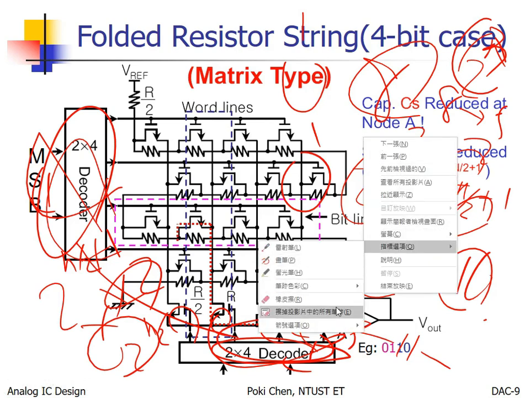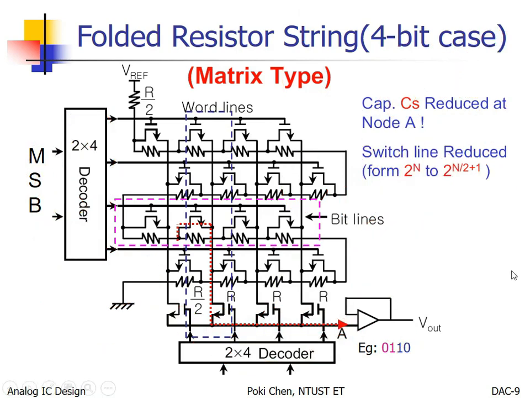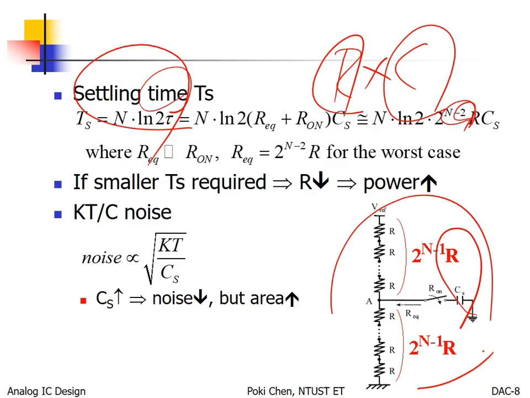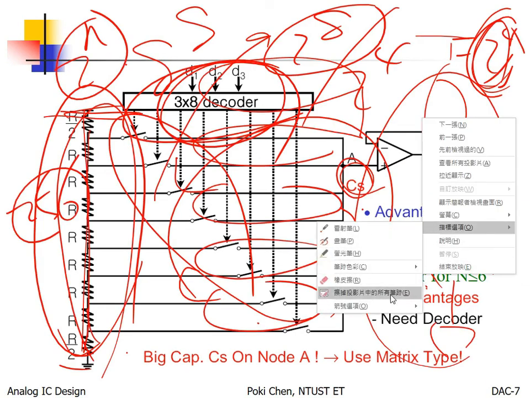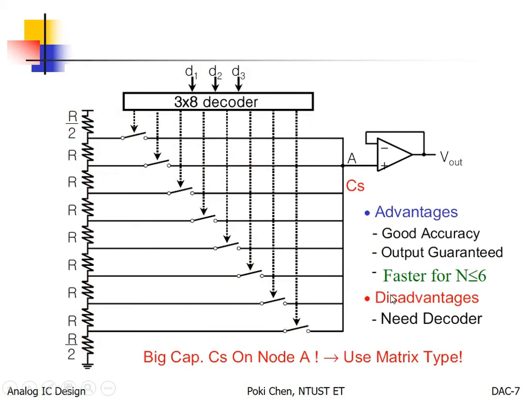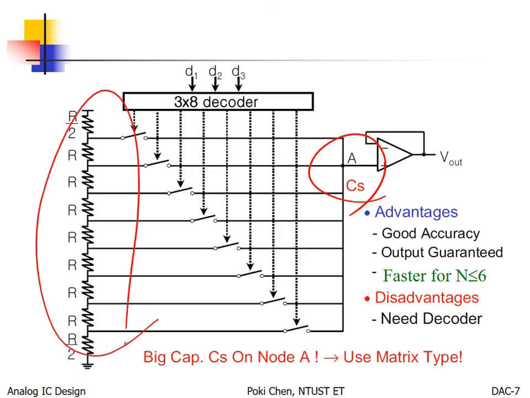However, there are 2 major defects here. Okay? I forgot to tell you, not only is the input capacitance too huge, but also for such kind of upstream voltage division, you need to match all those resistors.